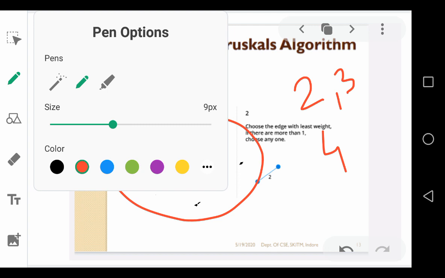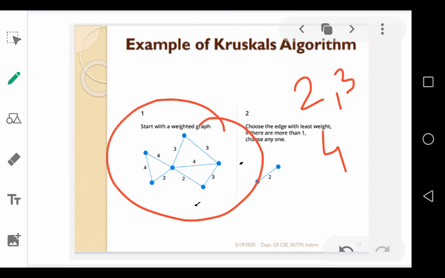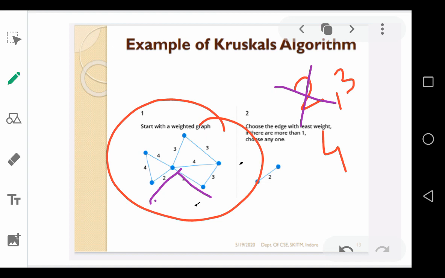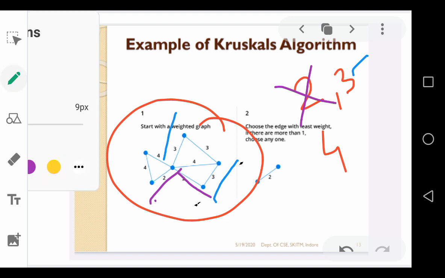The first step is selecting the edge having the lowest weight but which should not form a circuit. So we select this edge, after that this edge. Here no more edges have weight 2. After that we select the edges having a weight of 3. So this edge we can select, this edge we can select.